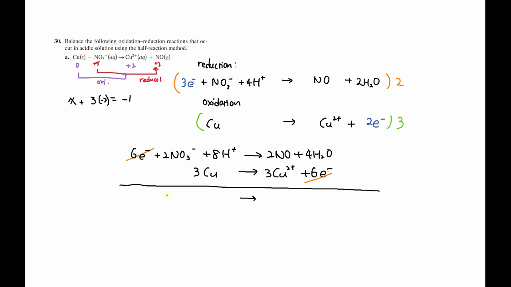So starting with our reactant, we have 2 NO3 minus, this should be an aqueous solution, then 8 H plus should be aqueous as well, and our copper should be solid.